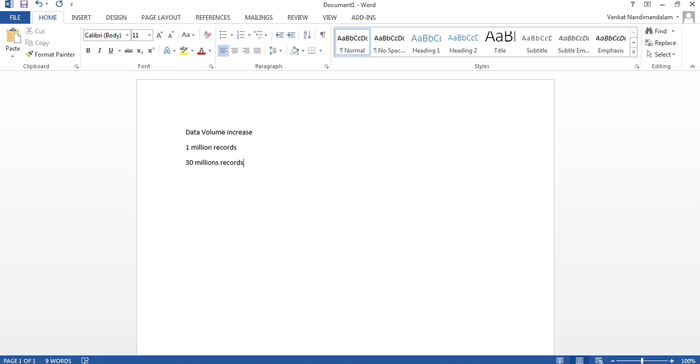And in the same way, the kind of data that customers are gathering now has a lot of dimensions. Earlier, customers used to record only the core areas data, like finance, sales, or the human resource department.